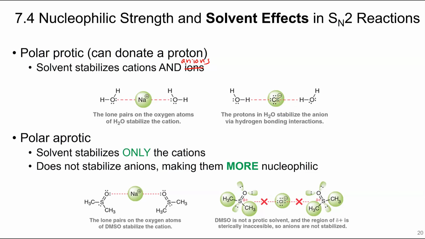A polar aprotic solvent stabilizes only the cations. It does not stabilize the anion, which is going to be our nucleophile. And we don't want the nucleophile stabilized because it won't react as quickly. So if you have a negative charge that's not being stabilized, it's going to look that much harder to find the electrophile to react. So if we don't stabilize the anions, that makes them more nucleophilic, which is better for the reaction.